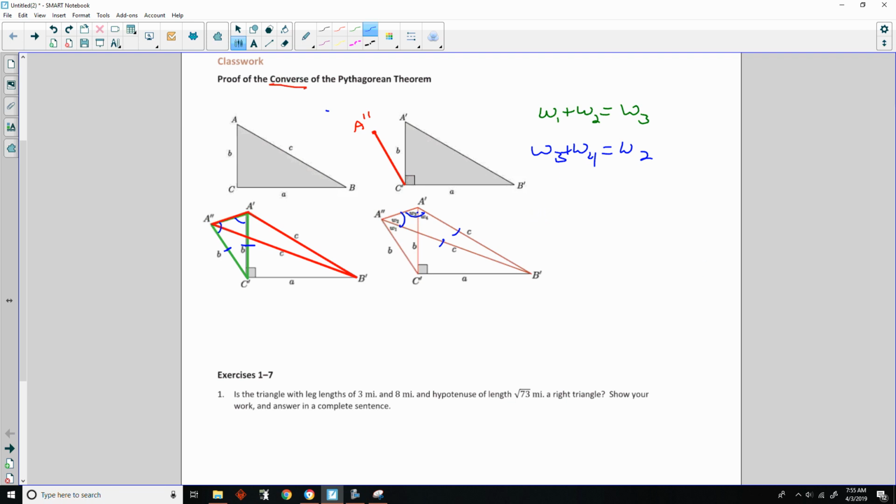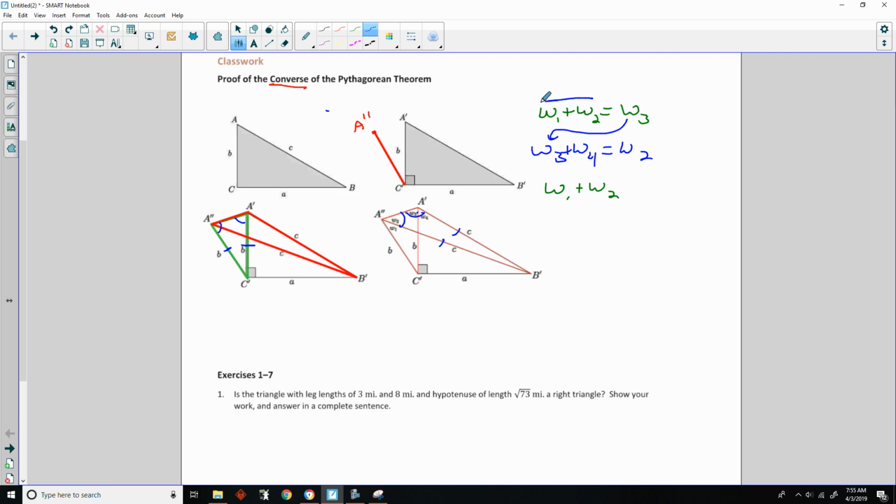Okay, so these two equations give W1 plus W3 plus W4 equal to W3. And you're probably saying, what? W sub 1 plus W sub 2 equals W sub 3. So now I can substitute this in for W sub 3. So then I would write, instead of W sub 3, W sub 1 plus W sub 2.